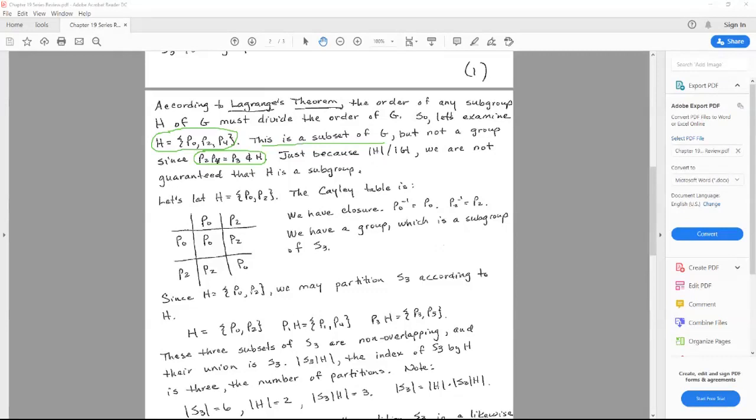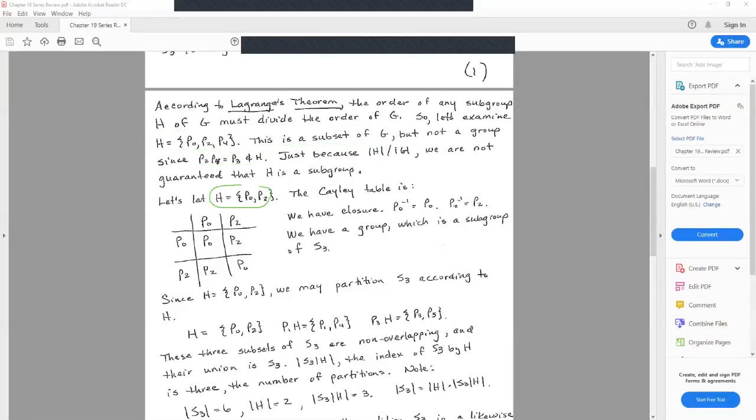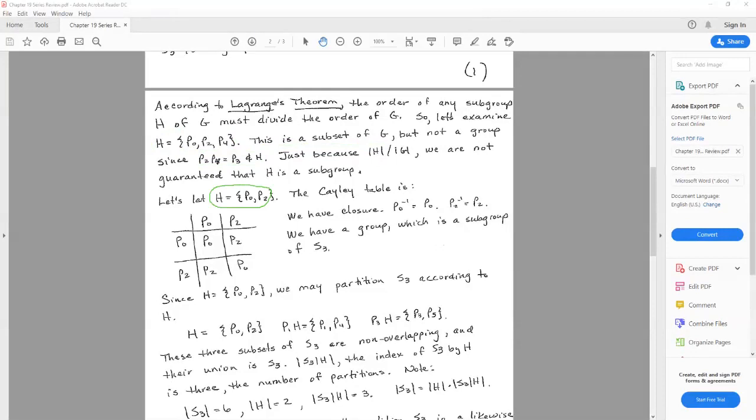But let's look at a subgroup. If I let H be the set containing the elements P0 and P2, we do have a subgroup here. If you look at the Cayley table, notice that we have closure and all of the other properties that we talked about. Remember, when dealing with subgroups, we can just check the CI property to verify that we have a subgroup.